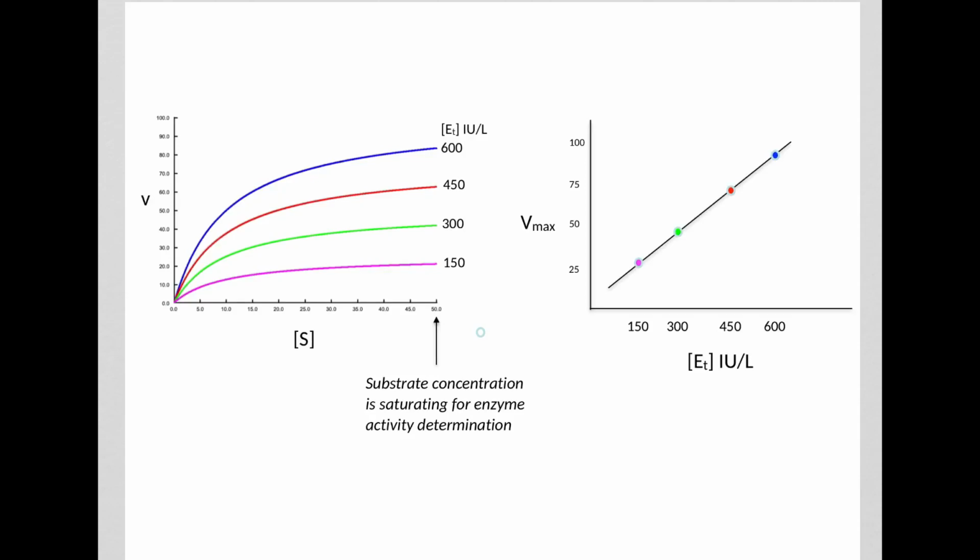So these enzyme assays that are performed in the clinical lab, they are always done under saturating substrate concentrations so that we are finding Vmax. So this is a Vmax. These are all Vmax that we are finding. Okay, so you can see that the Vmax is proportional to the concentration of enzyme.